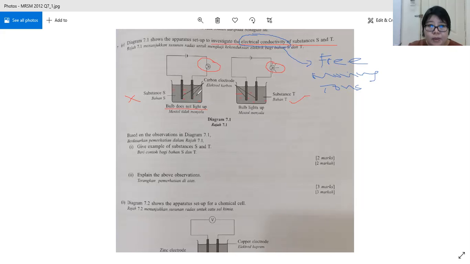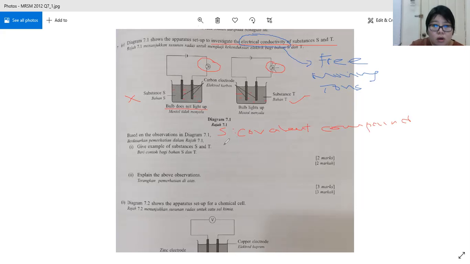Okay, for example, for substance S, what are the substances that cannot conduct electricity? Okay, you can always name any covalent compound, which is in liquid state, for S, any covalent compound. For example, now what can be your answer?